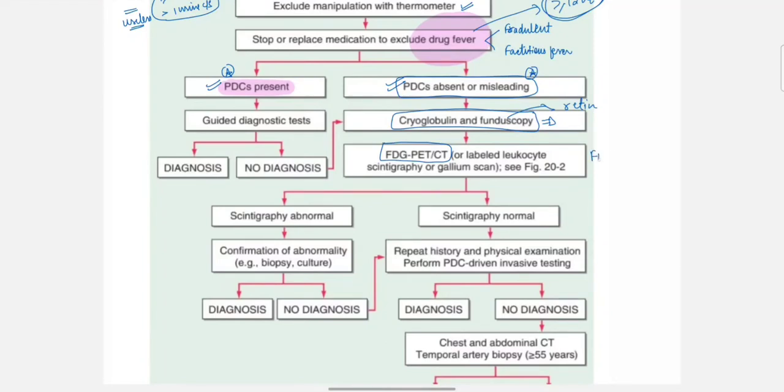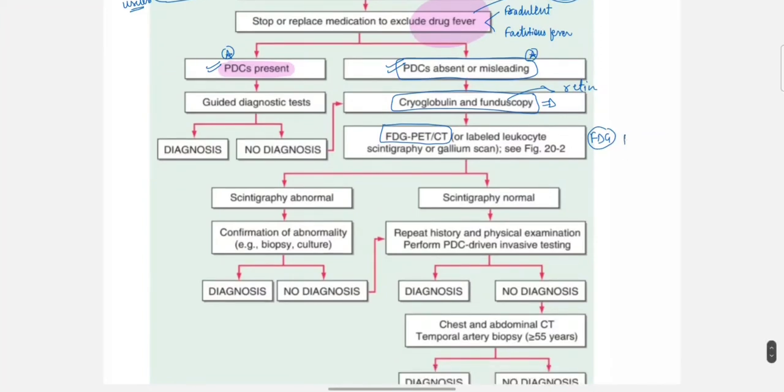This FDG is fluorodeoxyglucose PET, positron emission tomography. FDG accumulates in tissues which have a high rate of glycolysis. So in case of inflammation or infection, there will be high glycolysis because there is an increased metabolic rate.